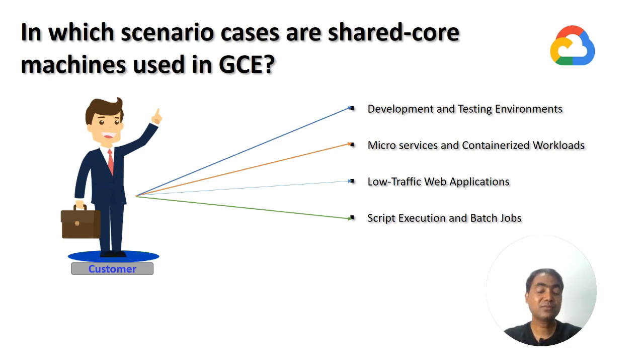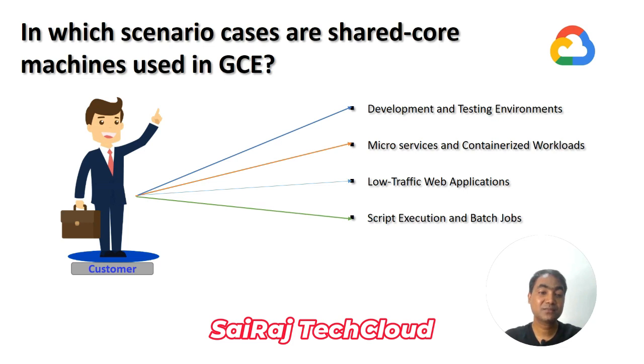Here are some specific use cases for shared core machines. For example, development and testing environments. Shared core instances can be cost effective for developers and testers working on a lightweight application or project with low CPU demands. For another example, microservices and containerized workloads.